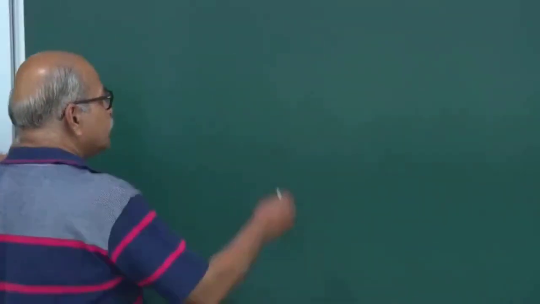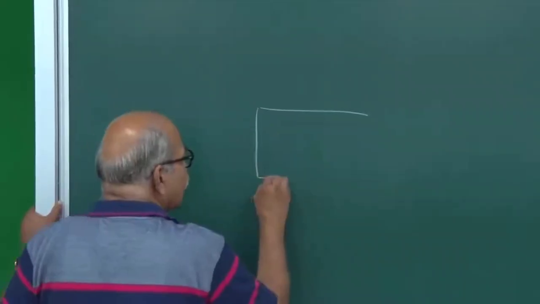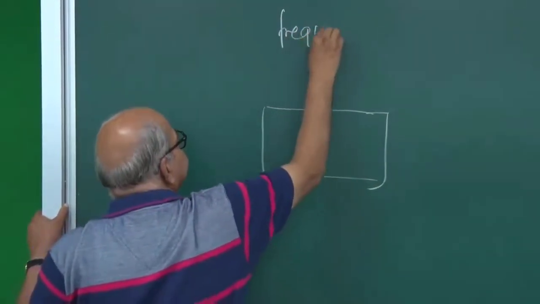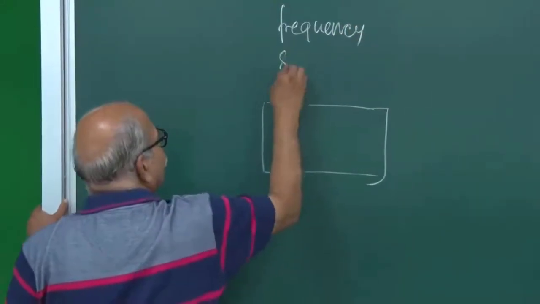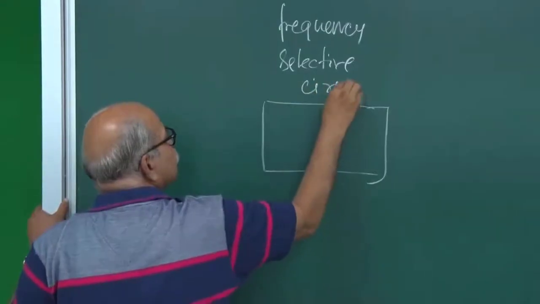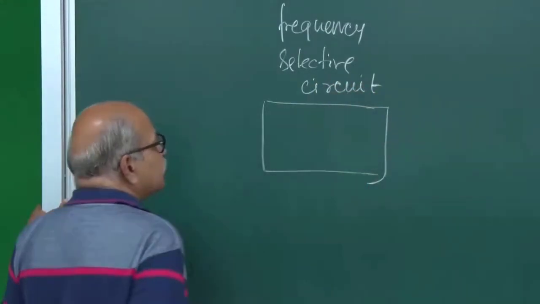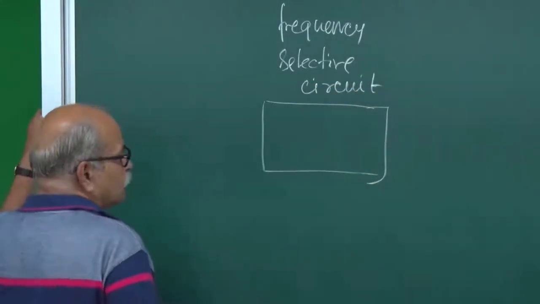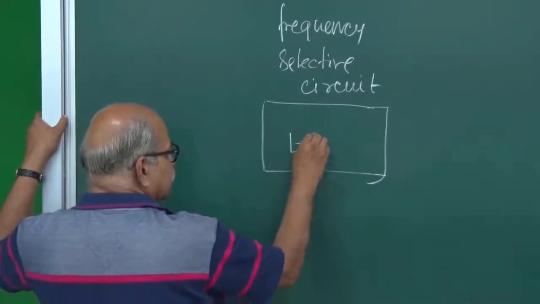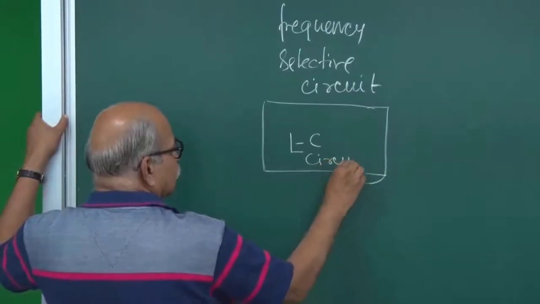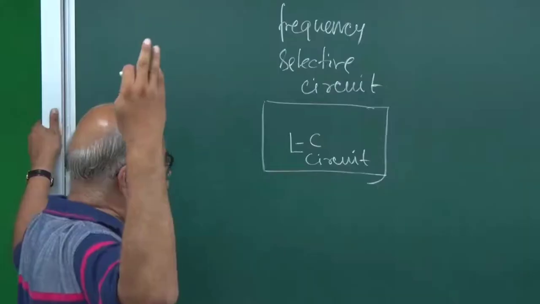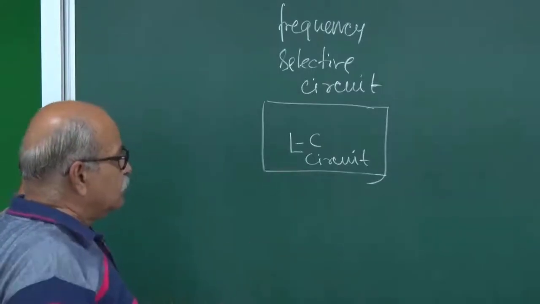The essential parts are that you have some kind of a frequency selective circuit, also sometimes known as frequency selective filters, and what we discussed was this LC oscillations, LC circuit, which is used from several tens or hundreds of kilohertz onwards up to, say, megahertz.